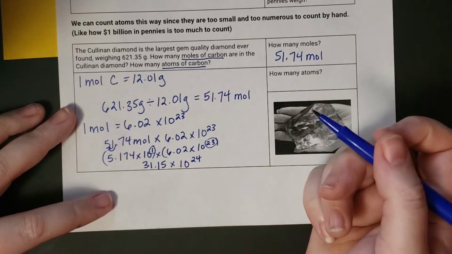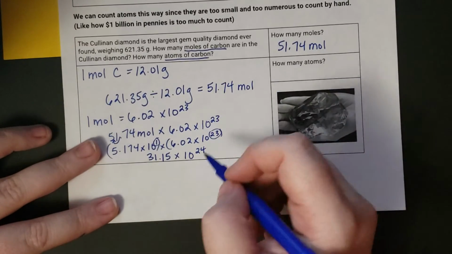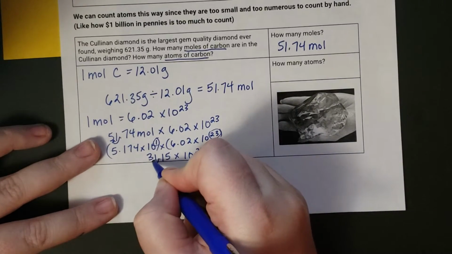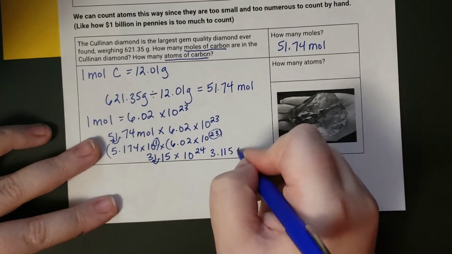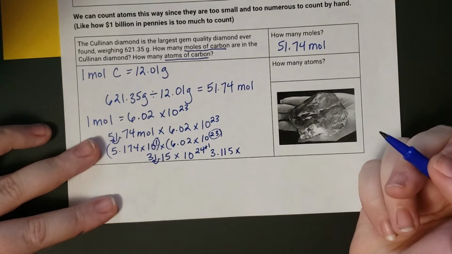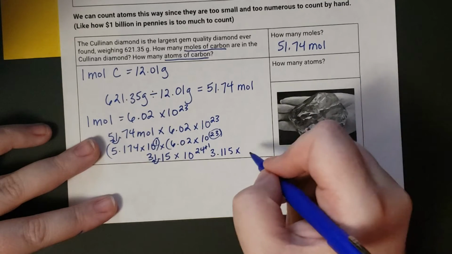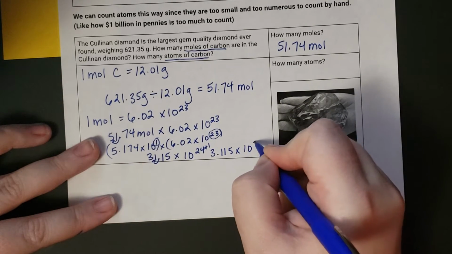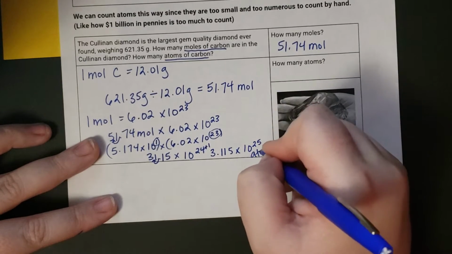Okay, that's an answer. That's not in correct scientific notation. So then I have to move this decimal 1 place, so make it 3.115, and then because I moved it, I need to add 1 decimal place to my exponent, so times 10 to the 25th. And this is atoms of carbon.